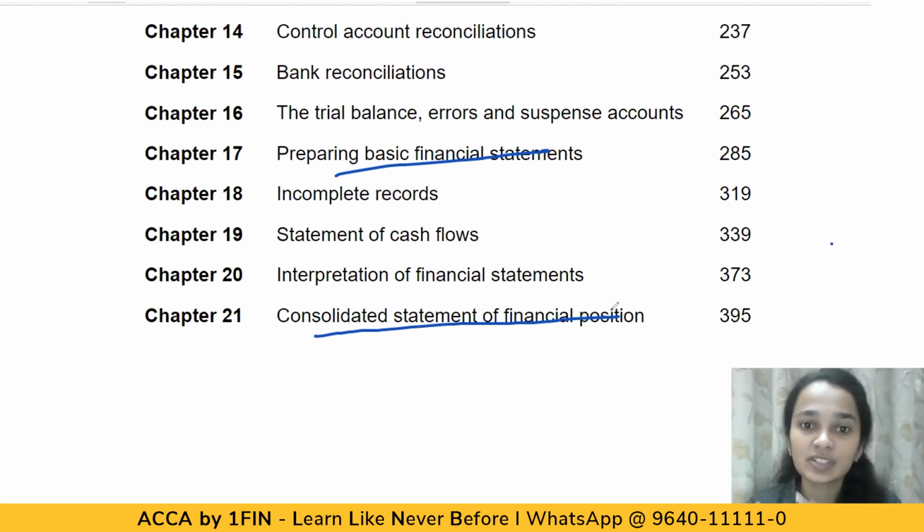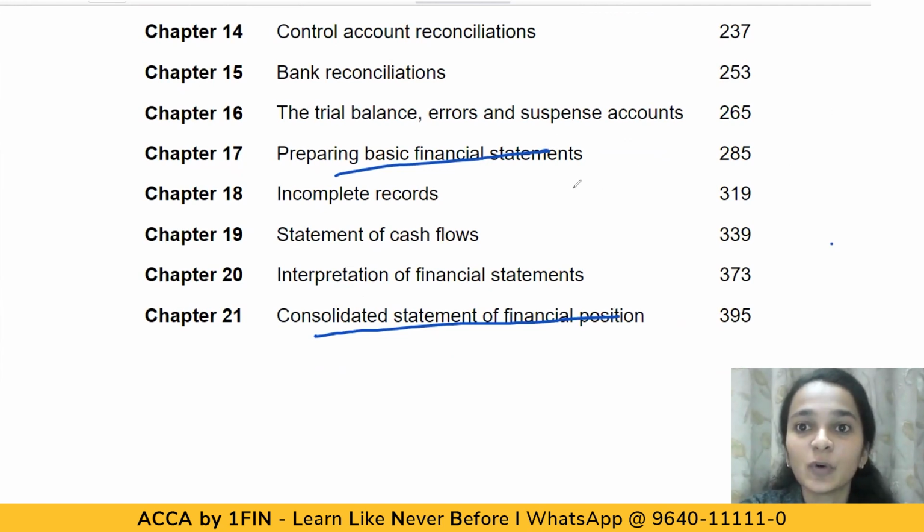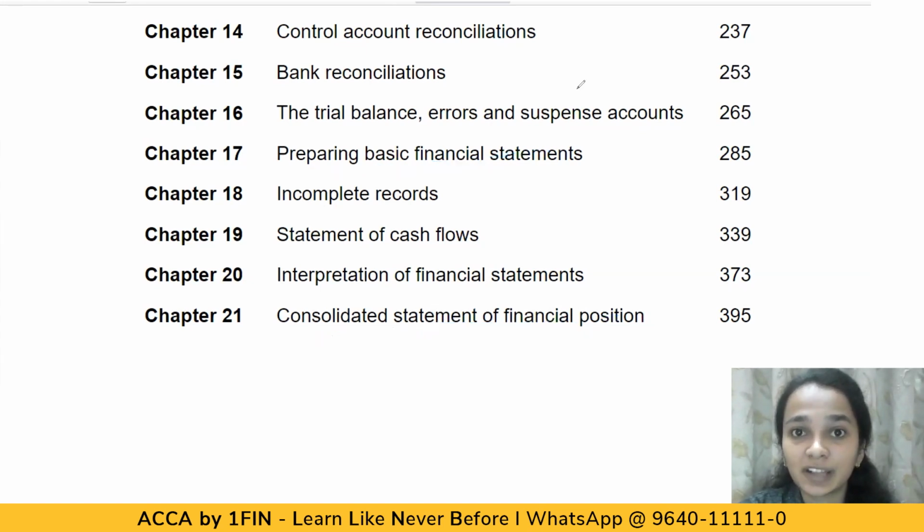Those questions are generally based on preparation of basic financial statements or consolidated financial statements. So all in all, the basics of accounts is something which will be covered in this particular paper.